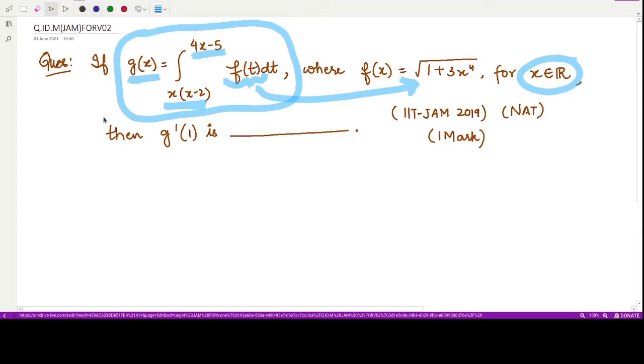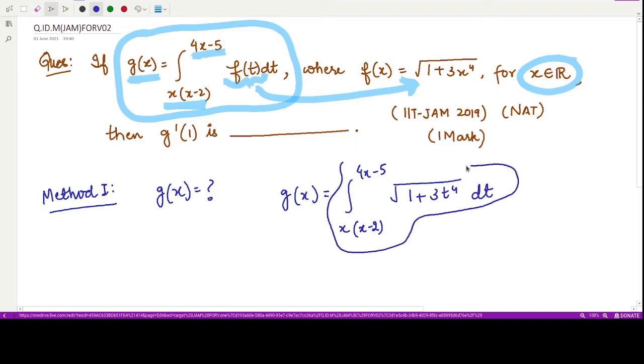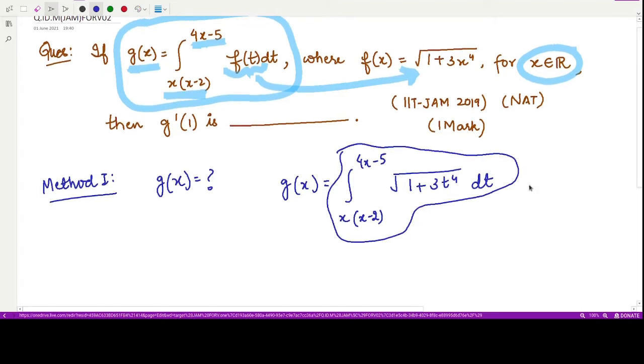Here you have two methods. The first method is the usual, direct method, in which we first calculate g of x by evaluating this quantity. g of x is the integration with lower limit x minus 2 and upper limit 4x minus 5 of f of t, which is the square root of 1 plus 3t to the power 4 dt. First of all you have to perform this integration, which is not so easy to do, and you cannot directly perform it.